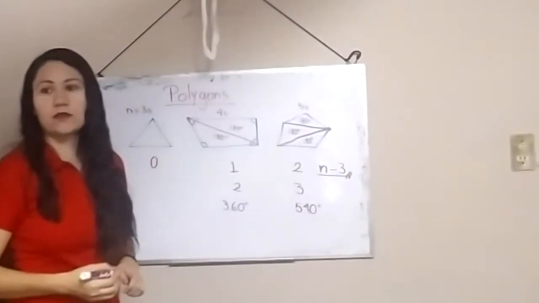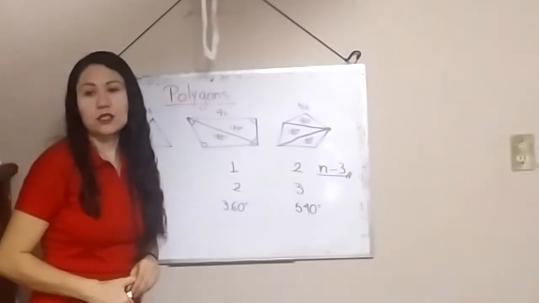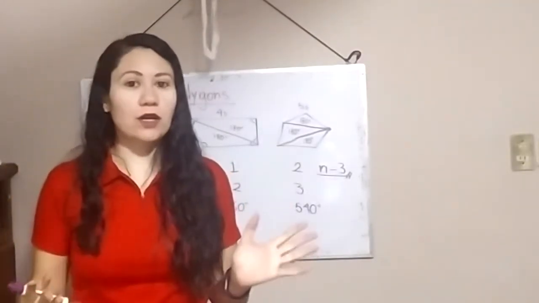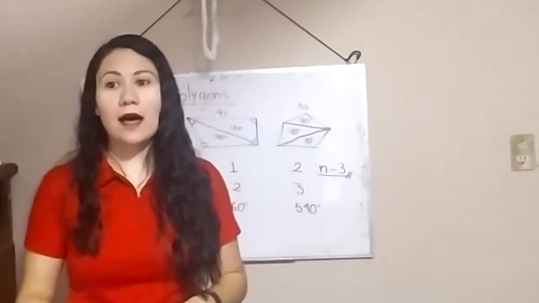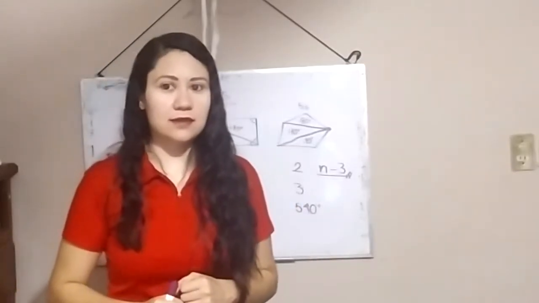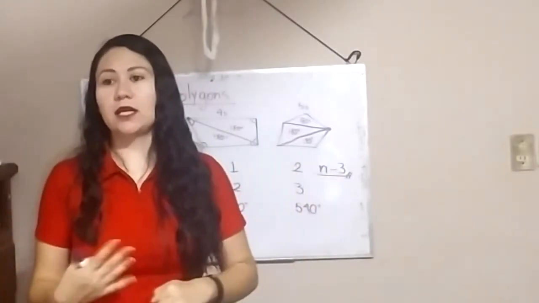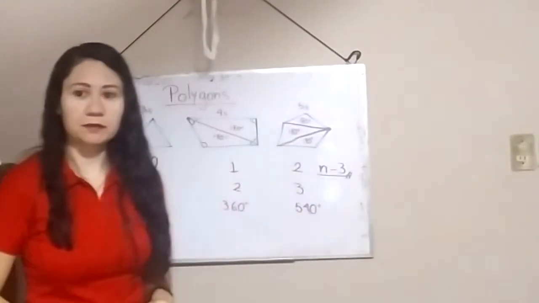This is the number of diagonals every time. So if we have a polygon that has 24 sides, it will have 21 diagonals, okay? 24 sides minus 3 equals 21 diagonals.